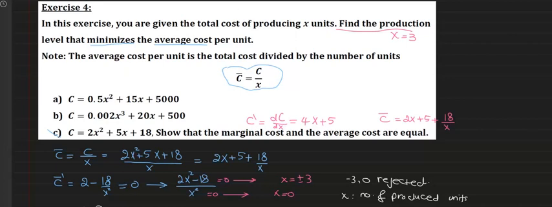So it means that it's equal at the same production level, which is x equal 3. So at x equal 3, if we substitute x equal 3 here, we will get 17. And here as well, 3 times 4, 12 plus 5 is 17. So they are equal at this production level. And here we go.